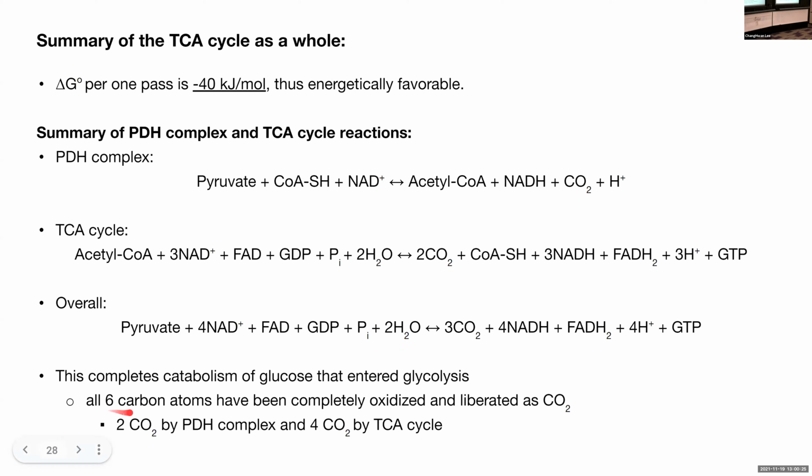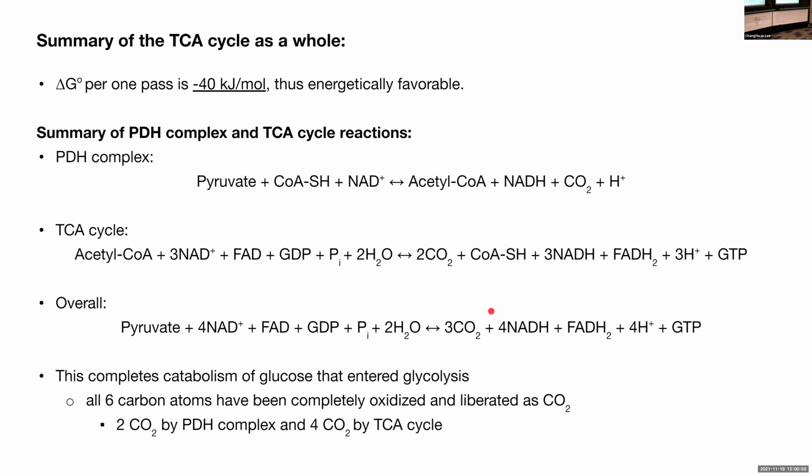So all 6 carbon atoms in the glucose are completely oxidized and liberated in the form of carbon dioxide. This reaction ends up having 2 carbon dioxide released by the PDH complex and 4 carbon dioxide molecules by the TCA cycle.